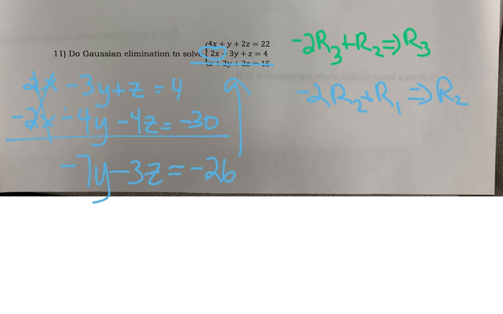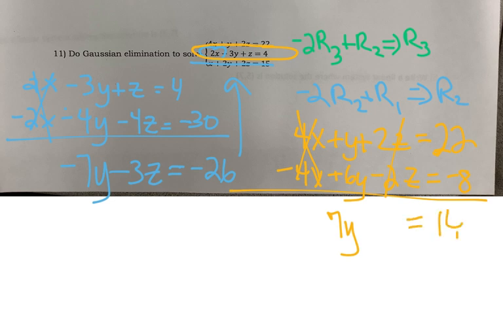So that's row 1 I'm using, which is 4x plus y plus 2z equals 22. And then I've got negative 4x, I believe that is now 6y, minus 2z equals negative 8. So I'm taking this entire row and multiplying by negative 2. Add them together, these cancel out. And this cancels out too. Didn't intend for that, but it just sometimes does happen.